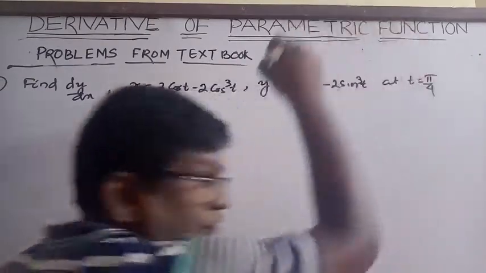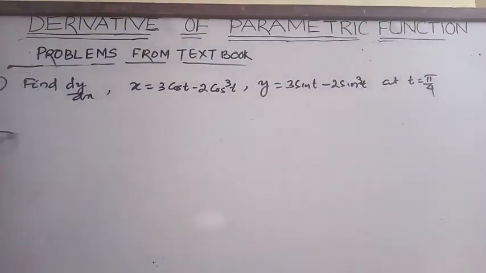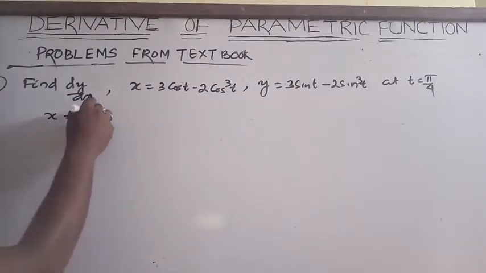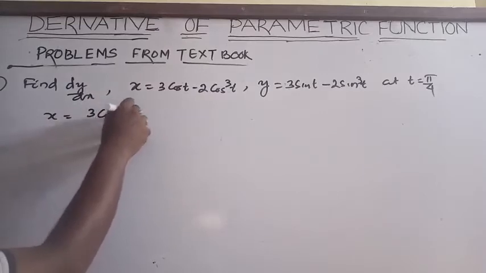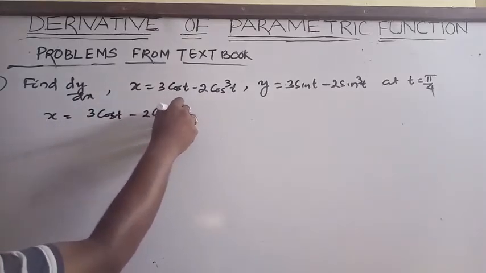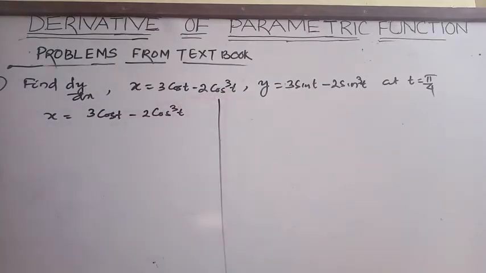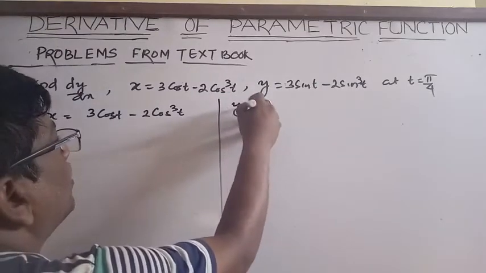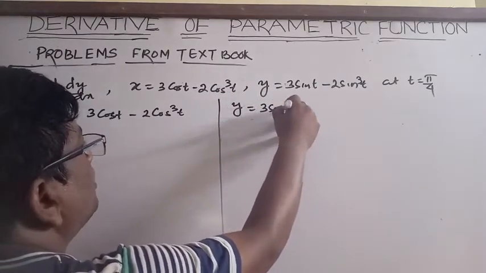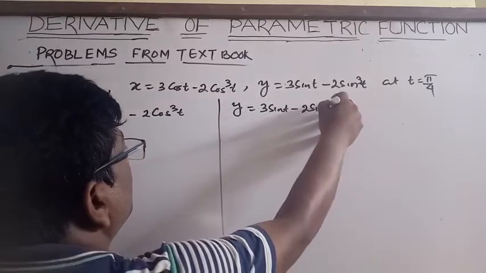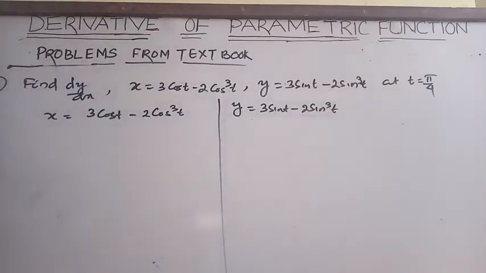This is the question. Now x is equal to 3 cos t minus 2 cos cube t, and y is equal to 3 sin t minus 2 sin cube t. This is the parameter t here.